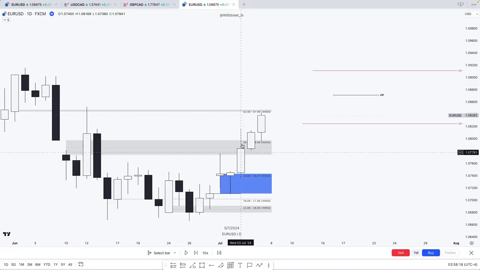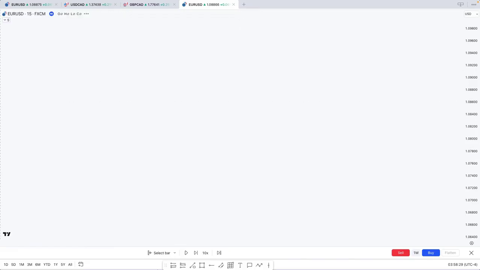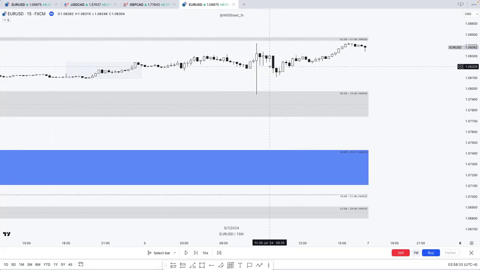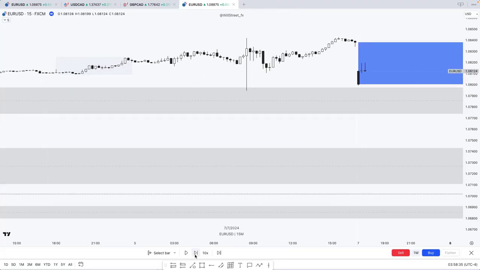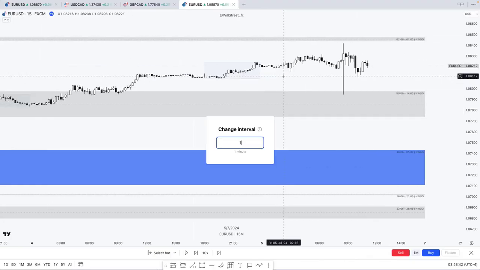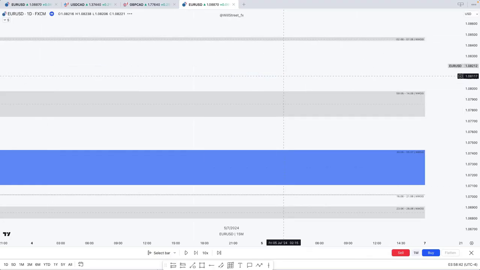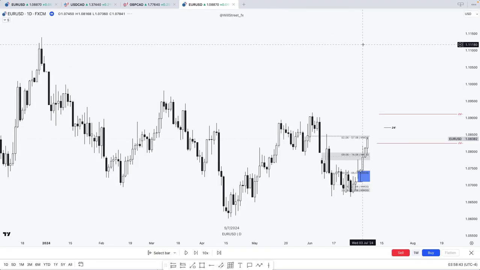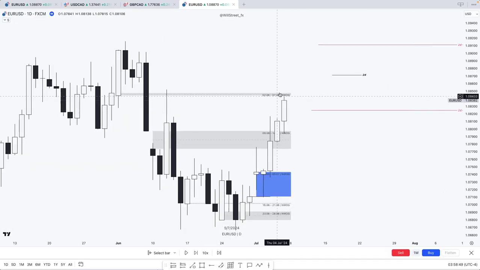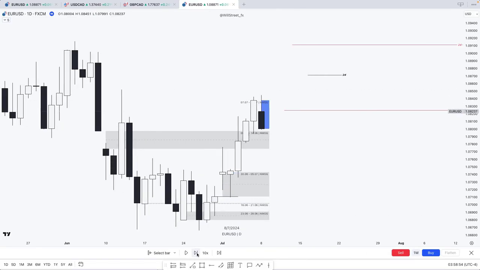So look at this. This could be this one, and look at how precise it is, the high of the day. Let's say here. I don't know. Well, it doesn't reach, but that means we already know the next bias for the next day.